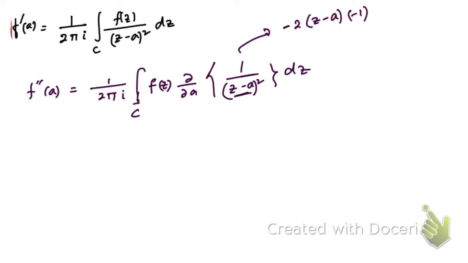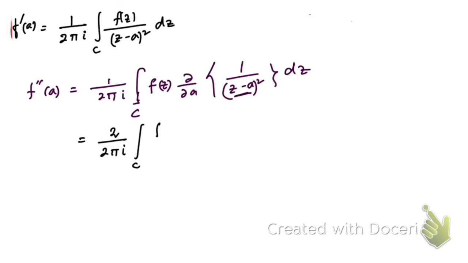So here the power should be minus 3, right? Minus 1 into minus 2, that's going to be plus 2 by z minus a whole cube. That's what we're going to have, right? So what we have got here is 2 by 2 pi i integration C f of z divided by z minus a whole cube dz.